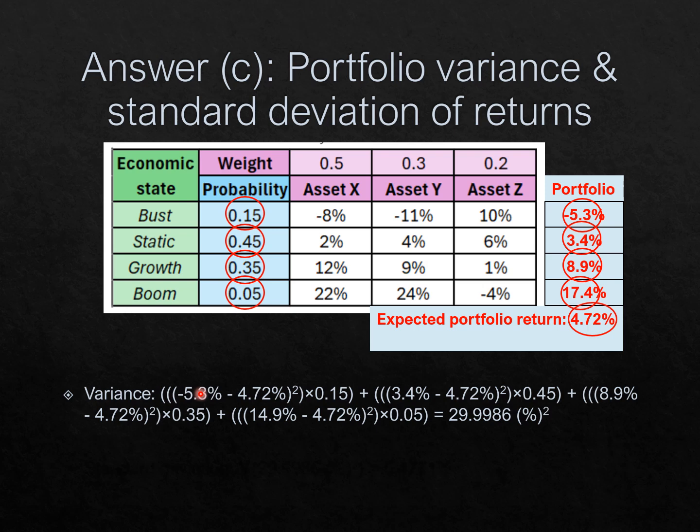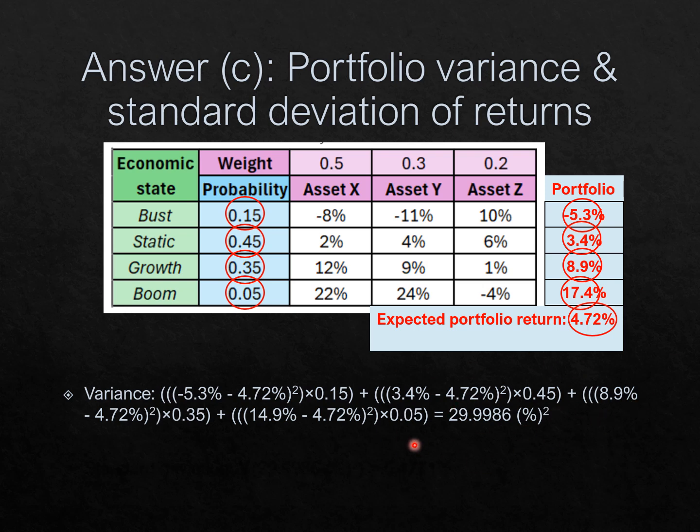If you get one zero wrong, you move the decimal by one point, then the whole calculation will go wrong. So there are greater chances of error. Therefore it is best to just retain the percentage symbol, ignore that for the moment, and when you square that, it becomes percentage squared. So this is better solved this way.